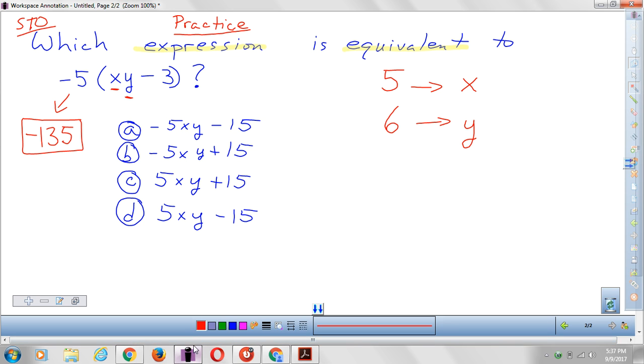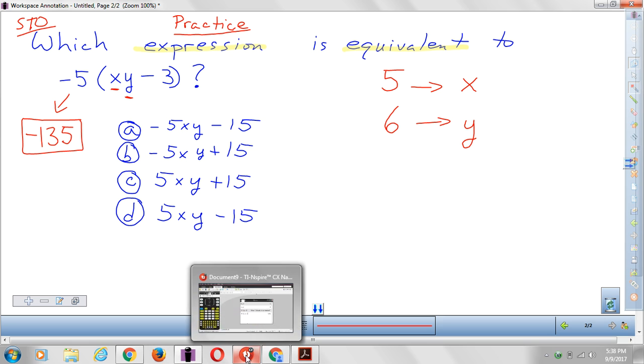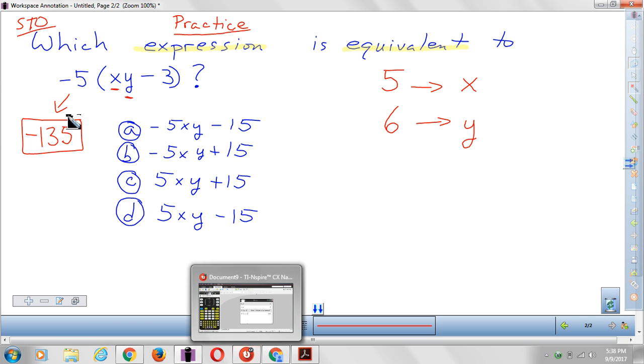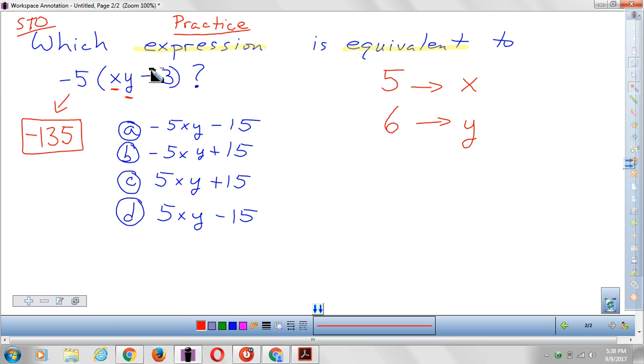-135. That's worth mentioning, guys. Whatever comes out, it doesn't matter if it's negative. It doesn't matter if it's a fraction. Whatever comes out, as long as it matches what comes out for your answer choice, it's still valid. It's still fine. So let's keep going. A, -5xy minus 15. Some students will ask me, is this a negative or a minus?